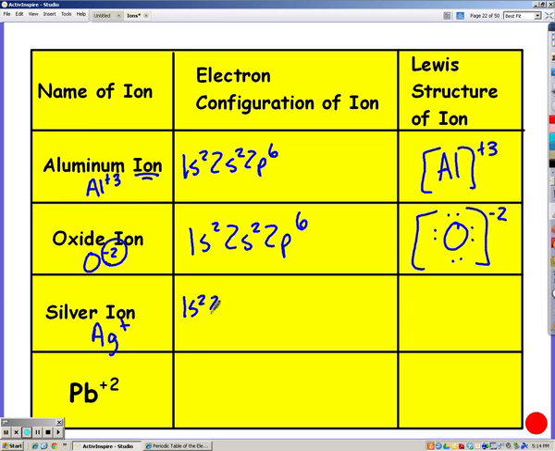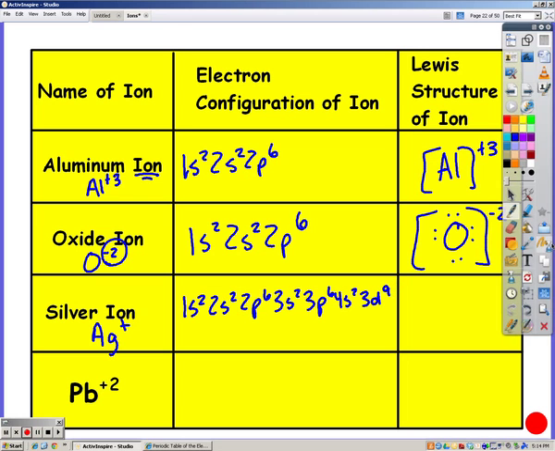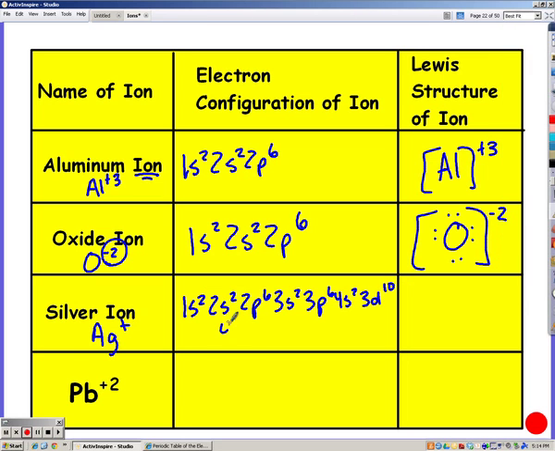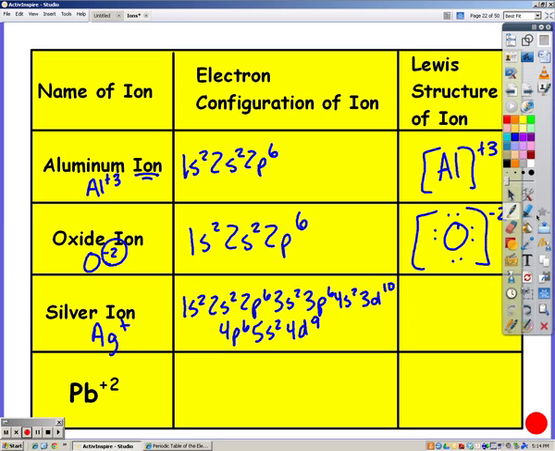Write its electron configuration out. And again, it's a +1 charge.